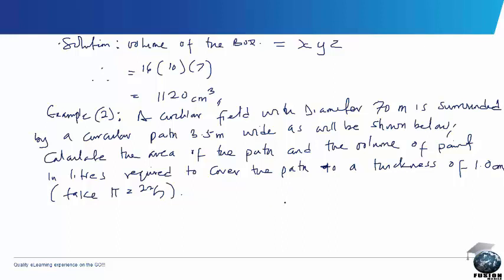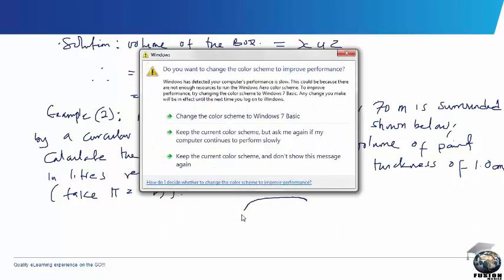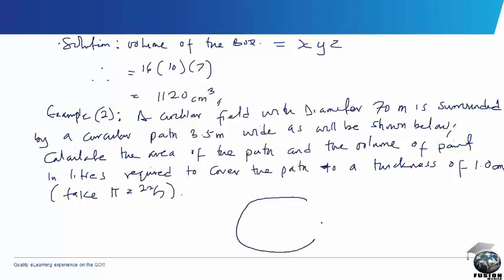Here you're told that a circular field with diameter 70 meters is surrounded by a circular part 3.5 meters wide. Alright, let's have a picture of what we are saying here.